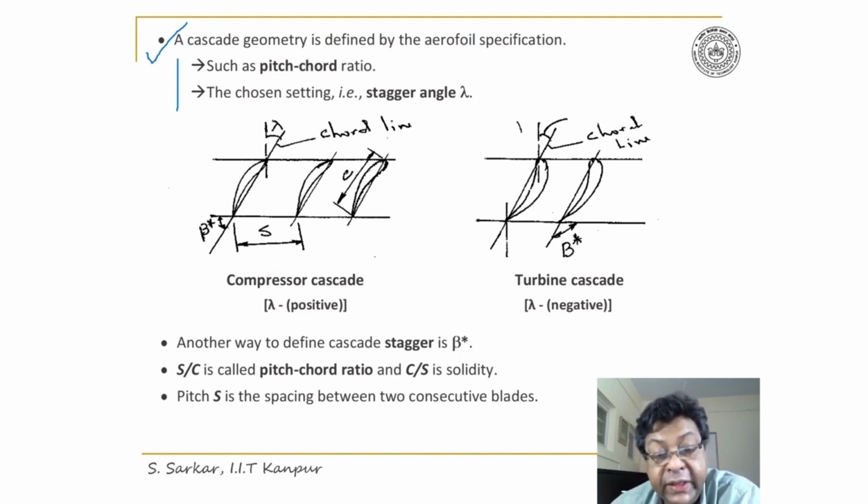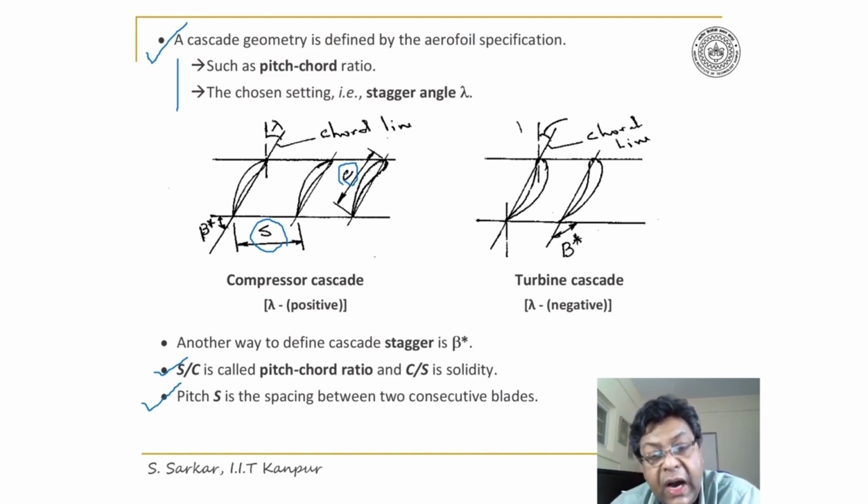Pitch is the spacing between two consecutive blades. Thus, I have indicated here S is the pitch and C is the chord. So pitch chord ratio is defined by the parameter S by C, while C by S is often referred to as solidity.